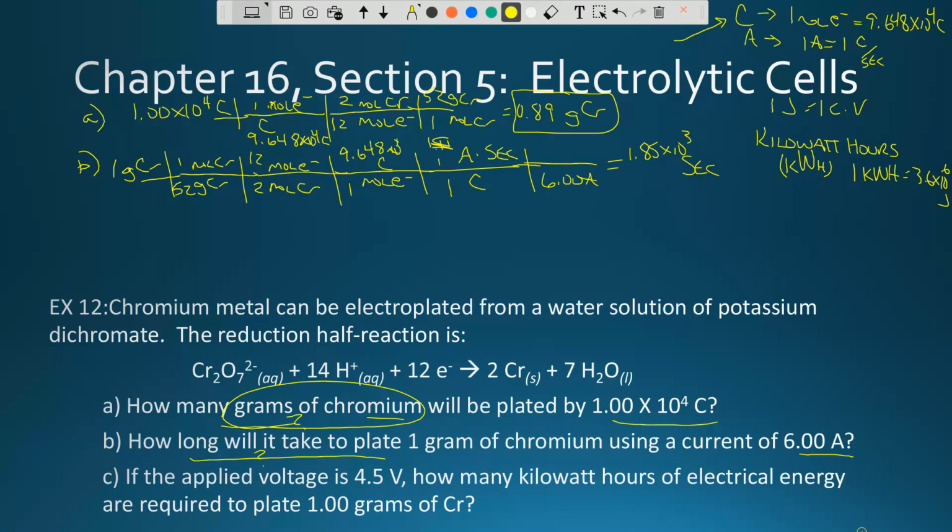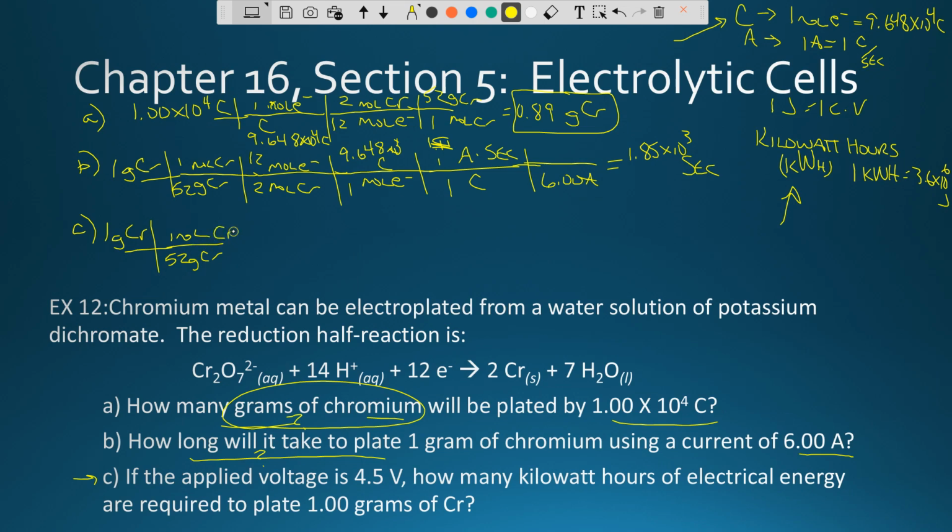Okay. Now lastly, we're taking a look at letter C. Okay, if the applied voltage is this, how many kilowatt hours? And so we're actually looking for this one, aren't we? All right, so I have 1 gram, again, of chromium. Now, rather than do all of this math, well, I guess I can go ahead and do that. But basically, I have 52 grams of chromium per mole.